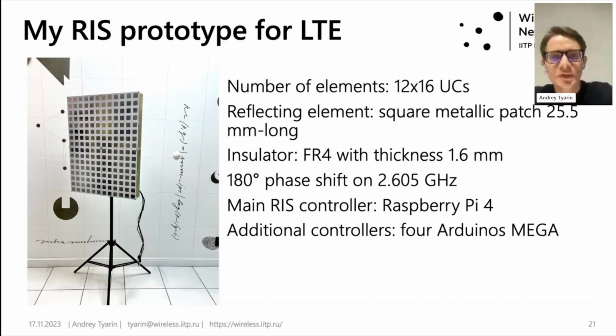We found the appropriate sizes of the patch using CST Microwave Studio to obtain a pi phase shift difference between on and off states at 2.605 gigahertz, which corresponds to the central frequency of band 38 of LTE.